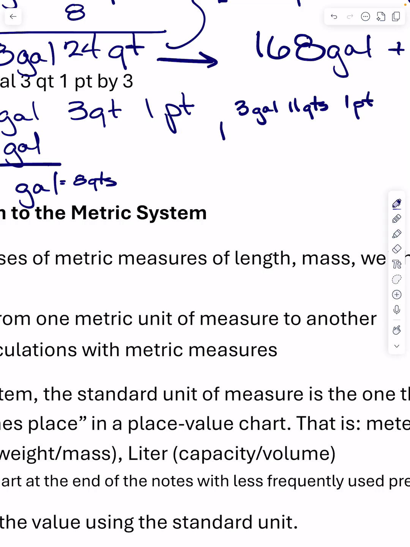If I'm looking at groups of 3 again, that's 9 quarts. So I'm going to rewrite this as 3 gallons, 9 quarts, and I'm going to take my other 2 quarts and I'm going to convert those to pints.